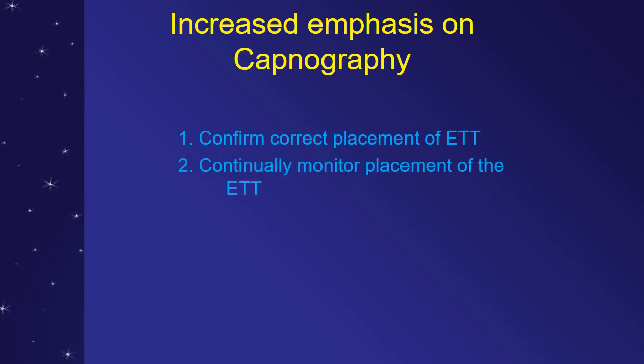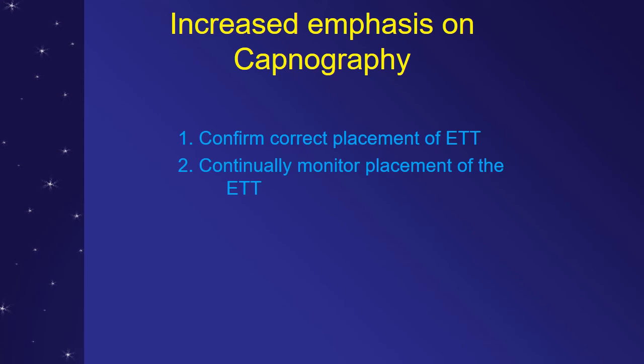Then by following the capnograph or the capnometer reading, you can continuously be sure about the placement of the ET tube. For instance, during chest compressions and during various other maneuvers you do during advanced life support, the endotracheal tube can get dislodged.